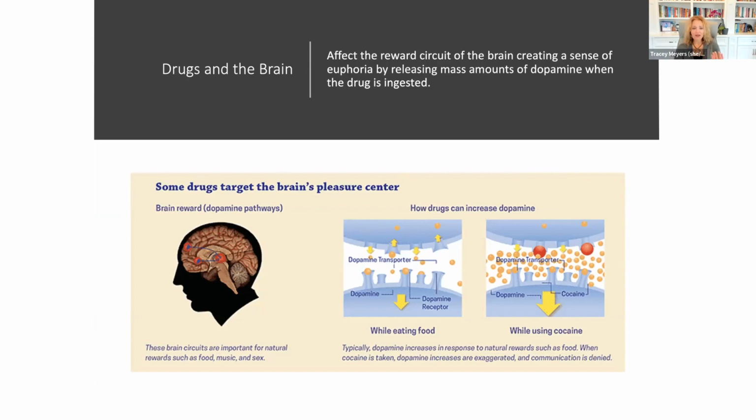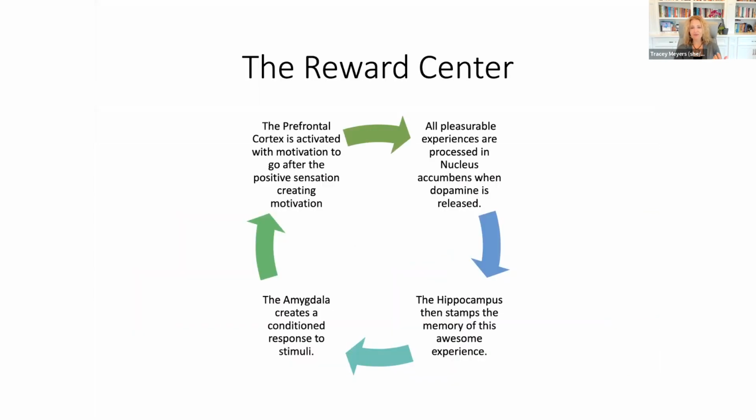So when the brain is flooded with excess dopamine, it changes how the brain takes in and its natural reward center. It changes how the brain perceives pain. It changes how the brain perceives normal, natural rewarding activities like food, music, and sex.